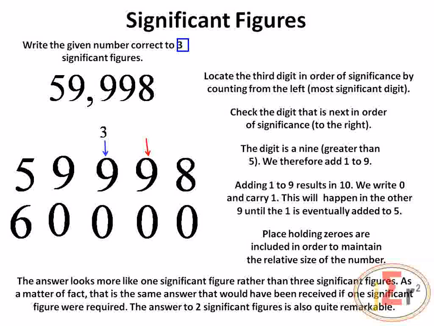The answer looks more like one significant figure rather than three significant figures. As a matter of fact, that is the same answer that would have been received if one significant figure were required. The answer to two significant figures is also quite remarkable.